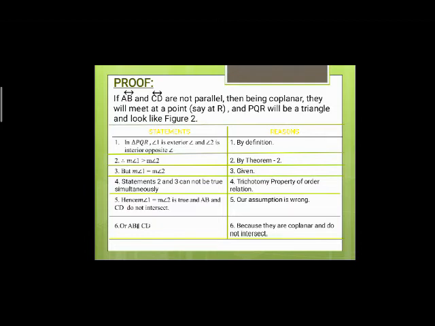But in the given statement we have that measure of angle 1 is equal, or congruent, to measure of angle 2. So both statements cannot be correct; statements 2 and 3 cannot be true simultaneously, by the trichotomy property of order.